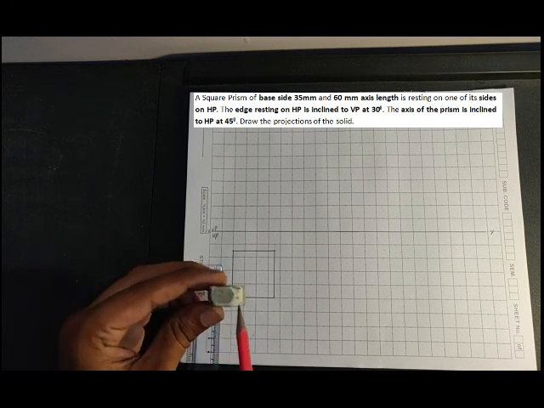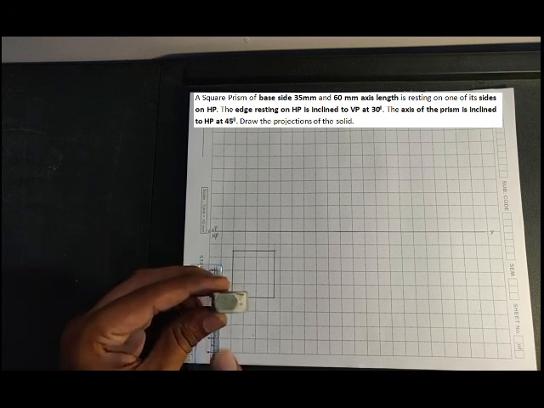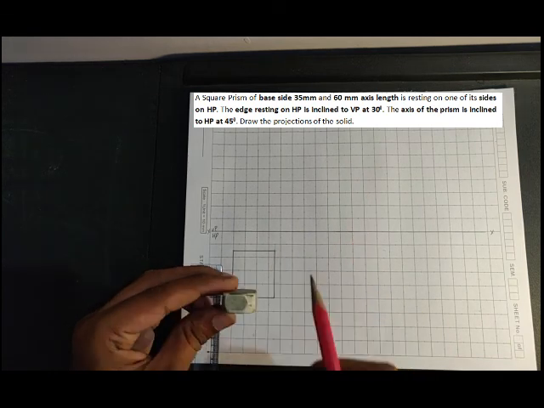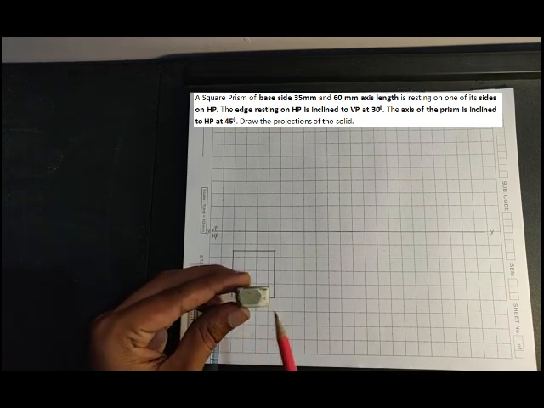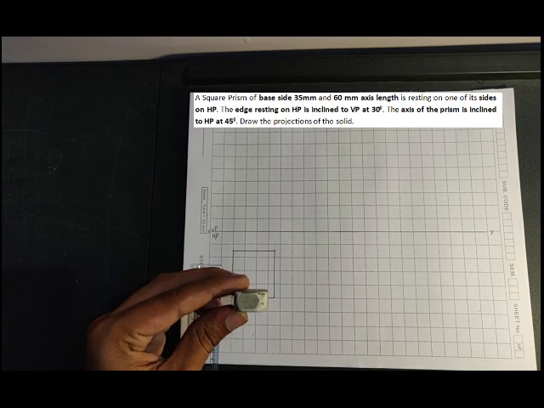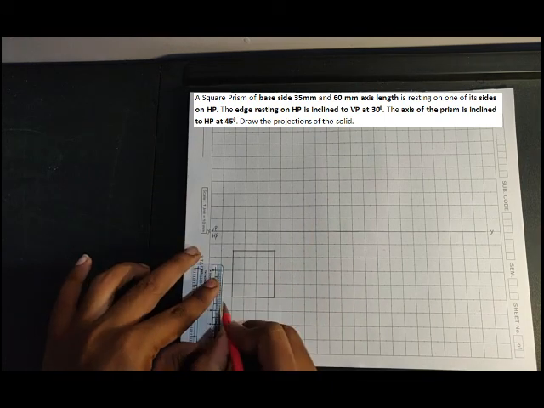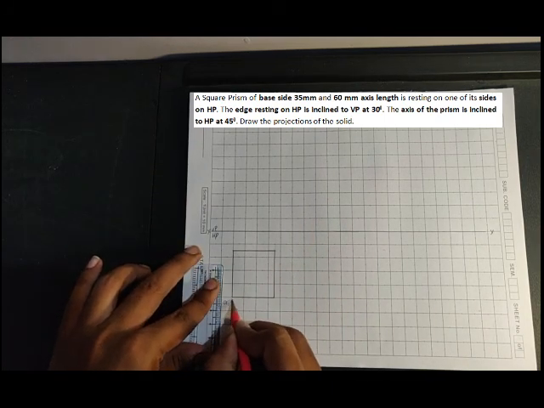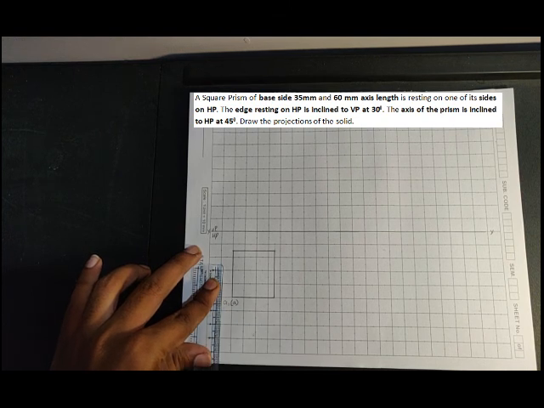When I name them A1, B1, C1 and D1, from the top I can see A1, B1, C1, D1, but A, B, C, D are invisible. So A1 is visible and A in brackets is invisible.